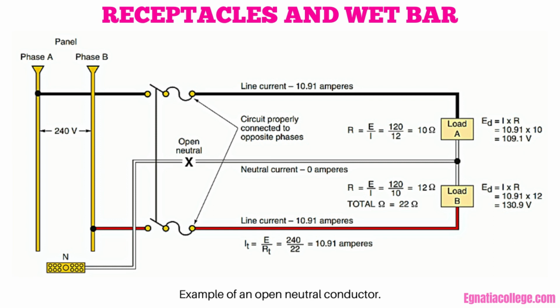According to Ohm's law, the voltage drop across any device in a series circuit is directly proportional to the resistance of that device. Therefore, if load B has twice the resistance of load A, then load B will be subjected to twice the voltage of load A for an open neutral condition. To ensure the proper connection, take care when splicing the conductors.